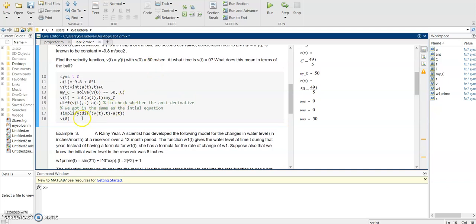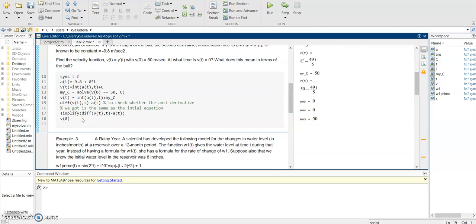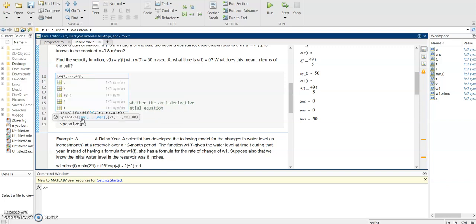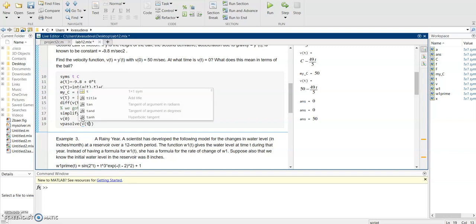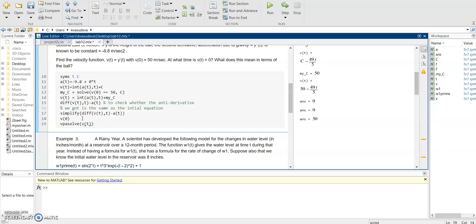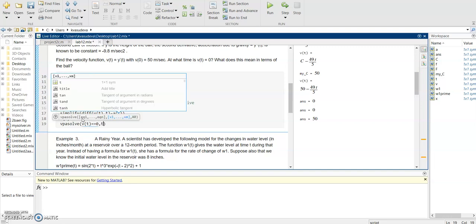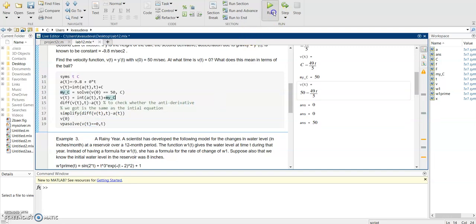I know that. Now how do you find at what time t I have v of t equal to 0? You simply use the solve command again: solve v of t equal to 0, comma t. Just run it.